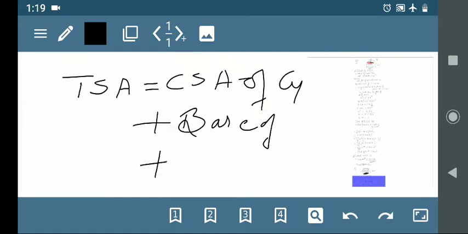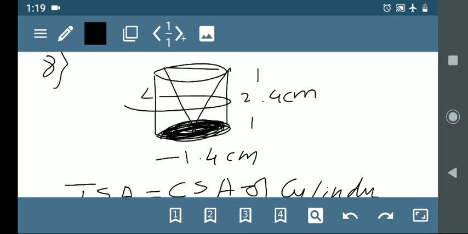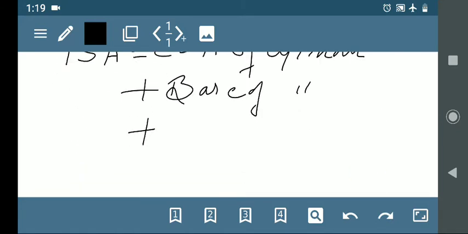So when we see from one face of that solid, we can see a conical structure, that is the CSA of the cone.